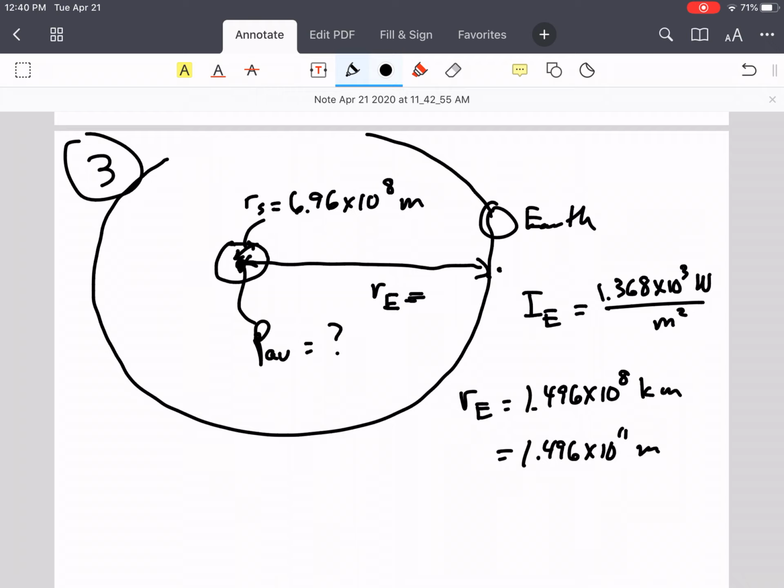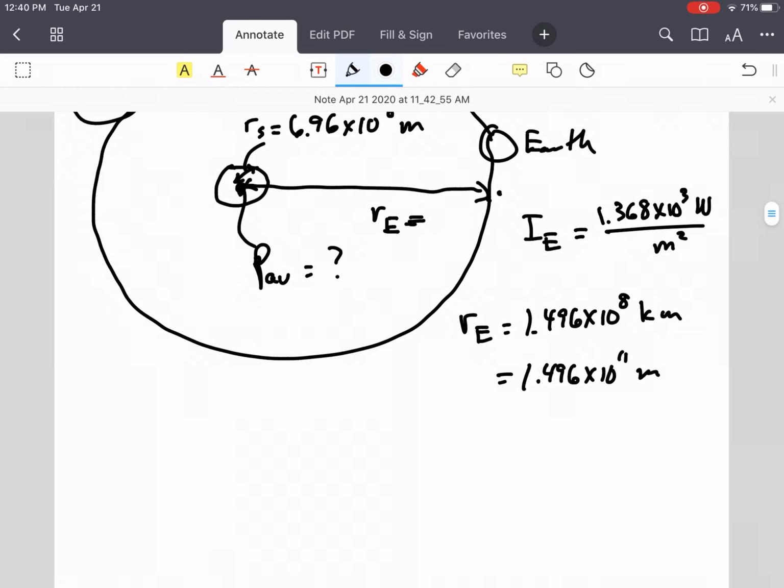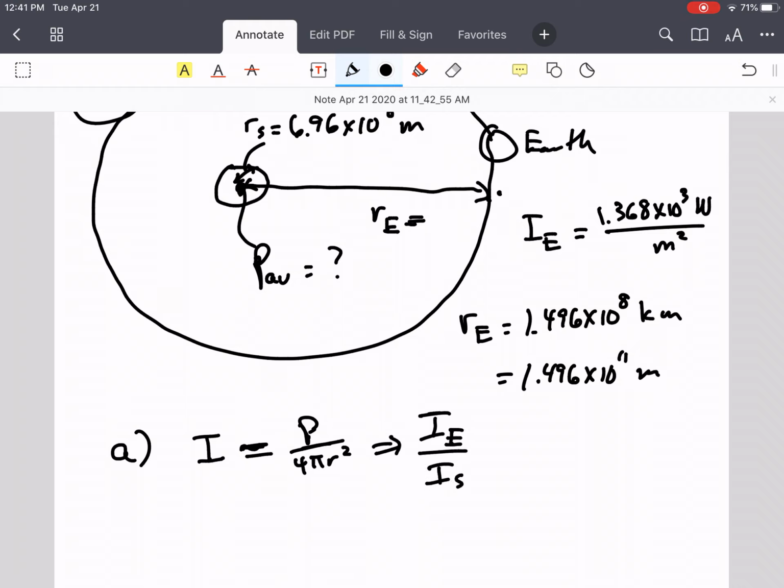And we're asked to figure out the intensity of radiation on the surface of the sun. So here we're going to use the inverse square law, which tells us that intensity is equal to power over 4 pi r squared. In other words, intensity at the Earth over intensity at the surface of the sun is equal to radius of the sun squared divided by the distance to the Earth, RE squared.